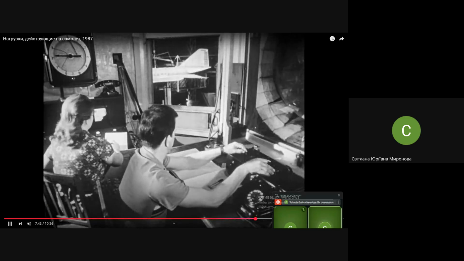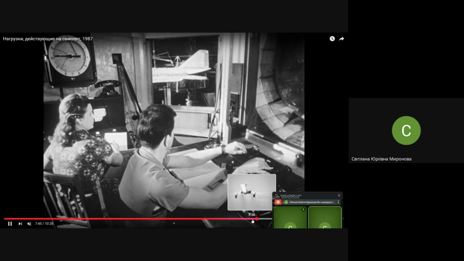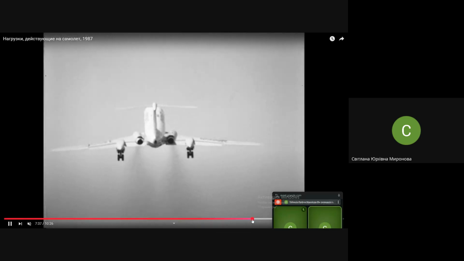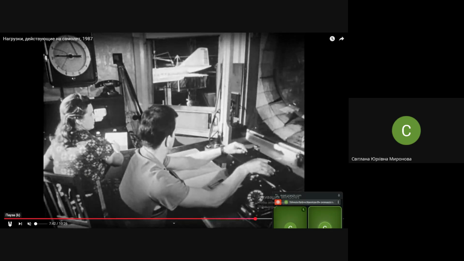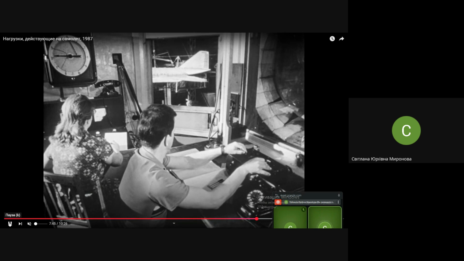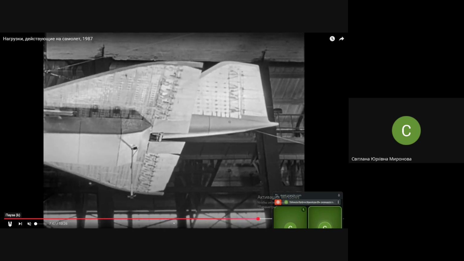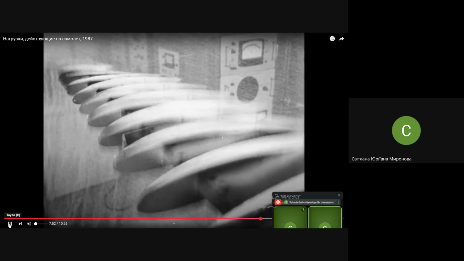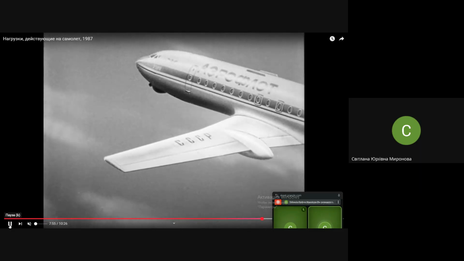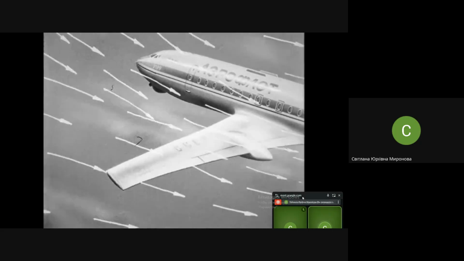Now we see the flutter, studied in a big wind tunnel on a scaled model. You might see right now the trembling of elevons, because this is a delta wing, and there is a combination of elevator and ailerons, so-called elevons.